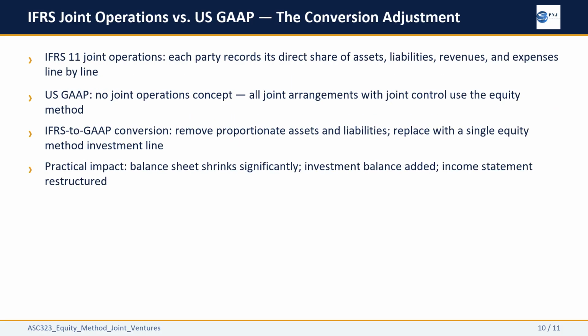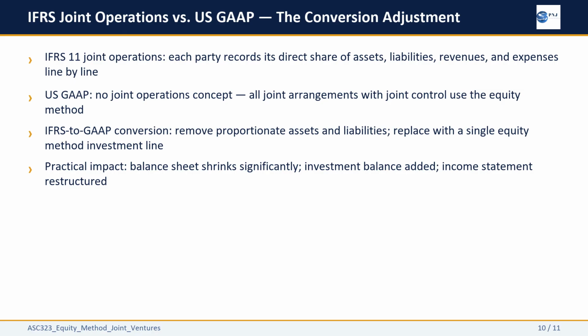Here is a practical scenario you may encounter in cross-border work. A company reporting under International Financial Reporting Standards has a joint operation under IFRS 11. On their IFRS balance sheet, they have recorded their proportionate share of the joint operations assets and liabilities directly on their own balance sheet, line by line. When you convert that to United States generally accepted accounting principles, all of that goes away.